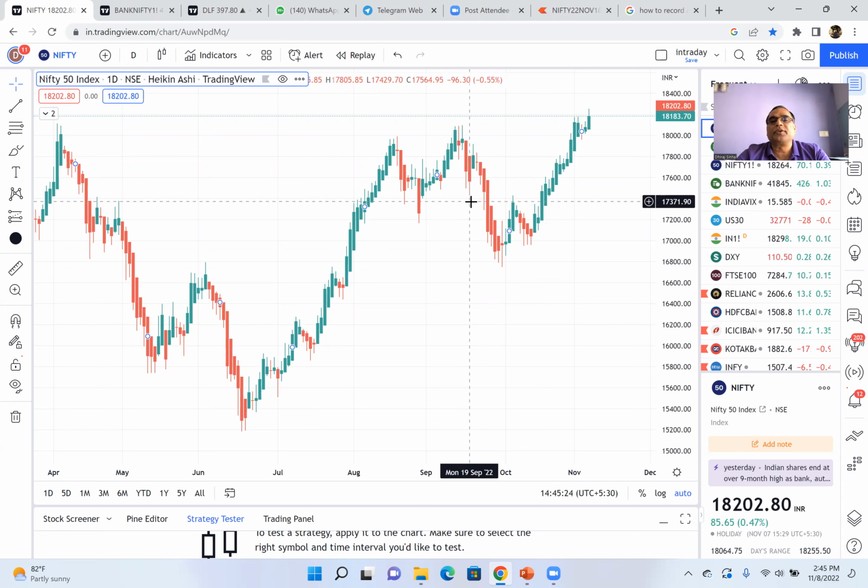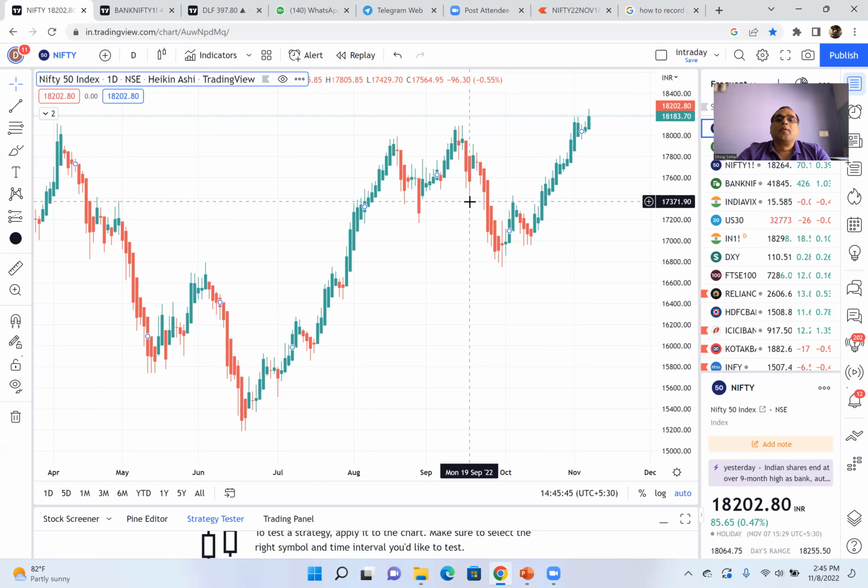If you want to be 100% sure, you can wait and not take a trade here. But you can also at 320, 325, because this candle will be more or less formed, take a trade and get into a short trade. So on 19 September, we got into a short trade. Is this clear so far?